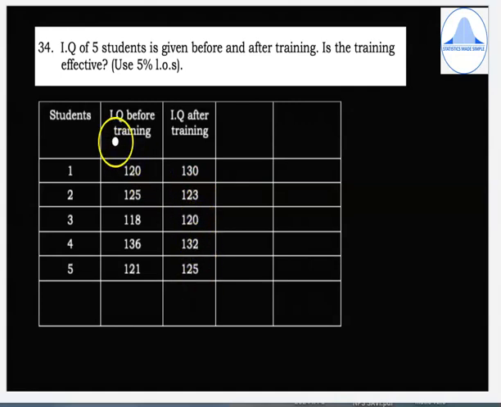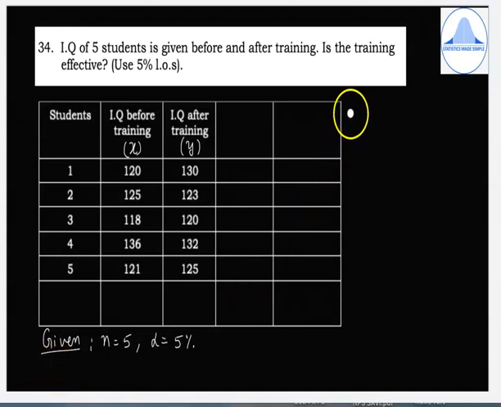Now the first step is to mark IQ before training as X and IQ after training as Y. Let's start the problem. We will write given n is equal to 5. Then they have also given us alpha. So alpha is 5%. So for the paired t-test, let us write H naught.